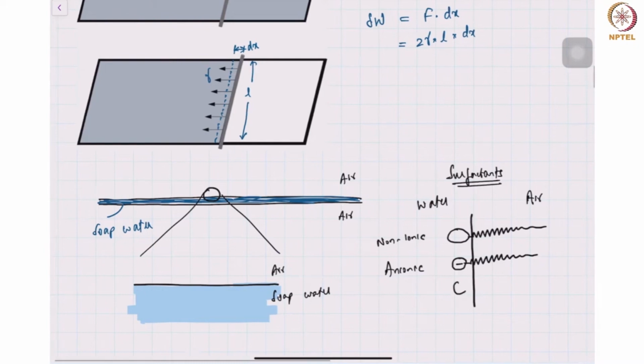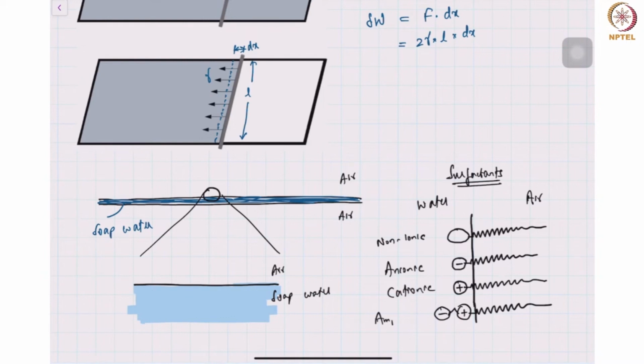We can have cationic surfactants. And finally, you can even have surfactants which have both groups on their head. We can show them as two separate heads, a positive and a negative. So we have anionic, we have cationic, and this is an amphoteric surfactant. So surfactants come in all kinds.